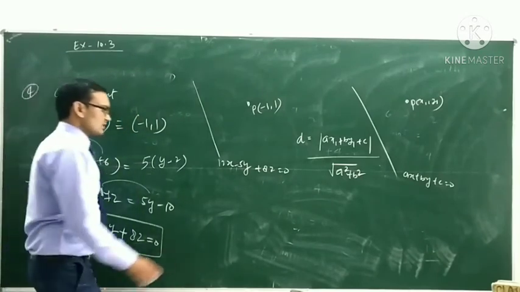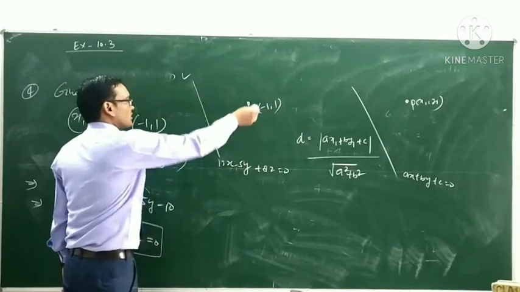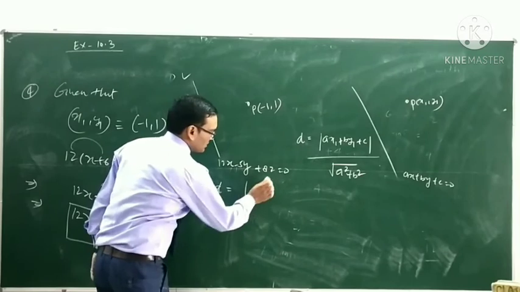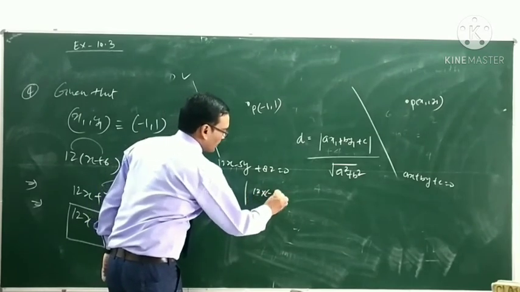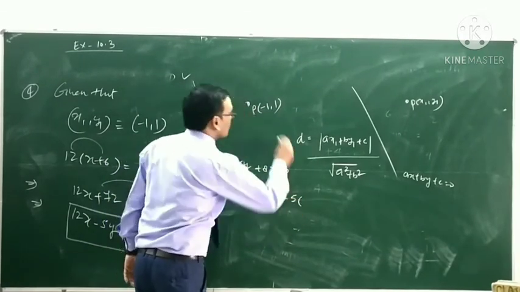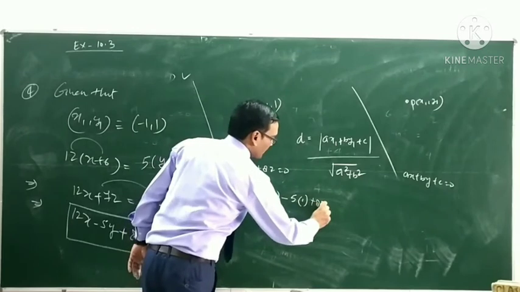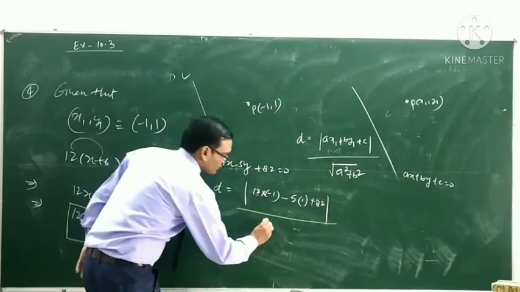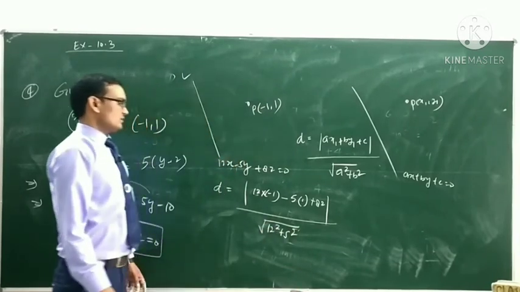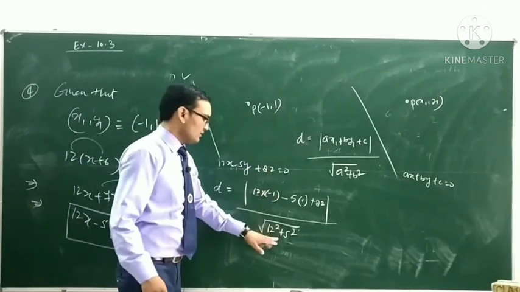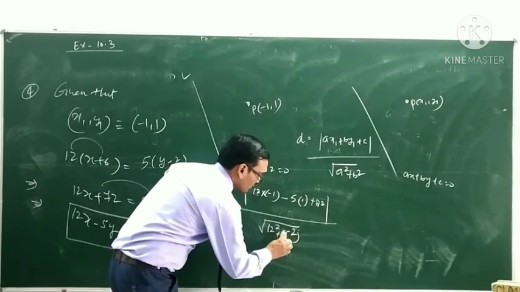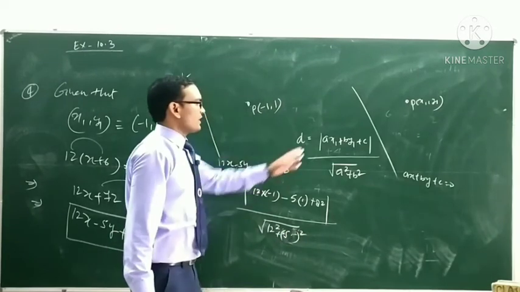Okay student, distance of a point from a line L, d equal to mod of 12 into minus 1 minus 5 into 1 plus 82 upon square root 12 square plus minus 5 whole square. Okay students, using this formula.